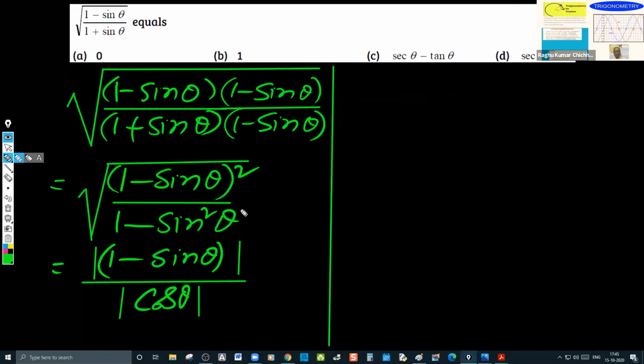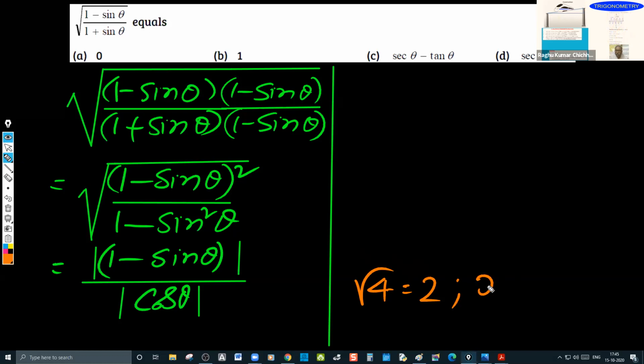Just now we have seen the square of any real number is always positive. I'll ask you a question here. Tell me, what is square root of 4? It is 2. Some people say that it is plus or minus 2. No. If it is x square is equal to 4, tell me what is x?